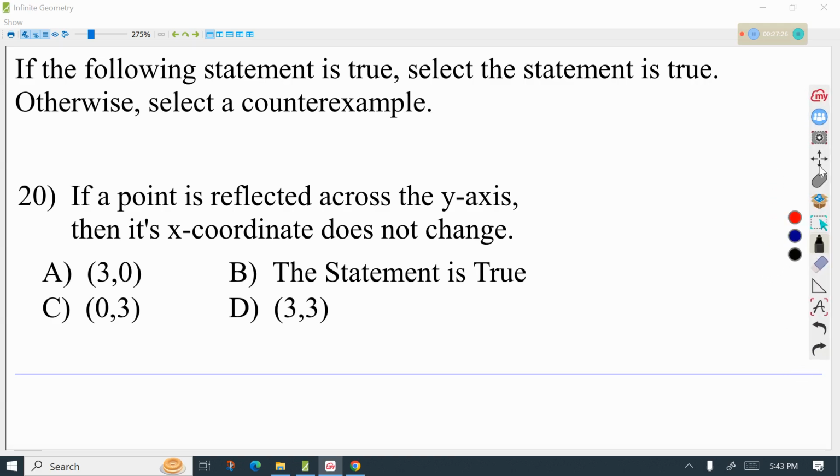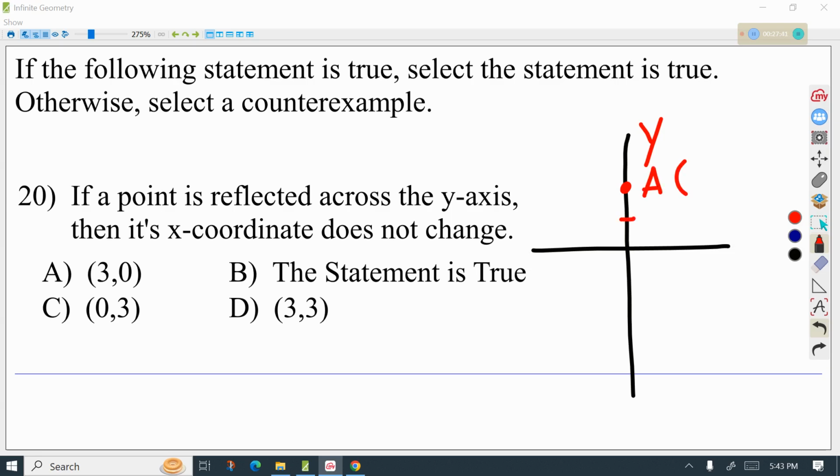So if a point is reflected across the y-axis, then its x-coordinate does not change. Is this true or not true? Well, it's not always true, but it's true sometimes. If I put a point right here, let's say that's the point A equals (0, 2). If I take this and reflect it across the y-axis, well, think about it.